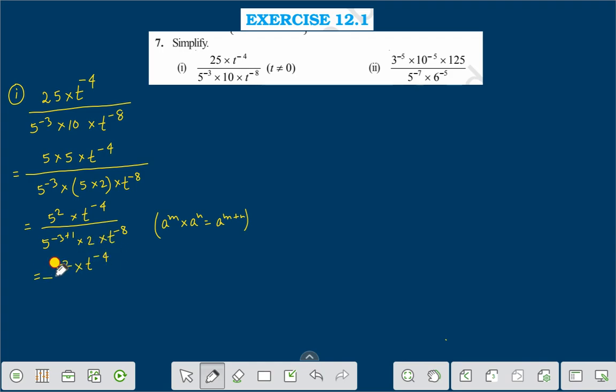divided by 5 to the power minus 3 plus 1, that is minus 2, into 2 into t to the power minus 8. That is equal to 5 to the power 2.